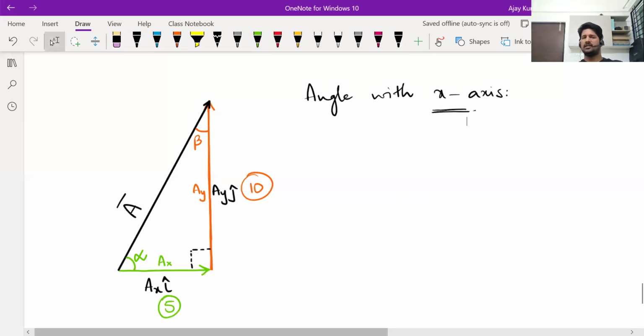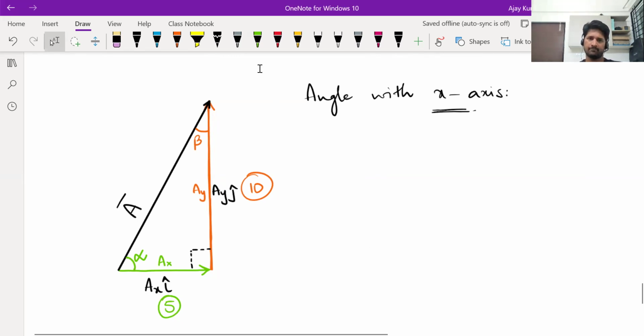You know the sides of the triangle. I'm asking you for one of the angles. It's a right angle triangle. You know its sides. You need one of the angles. How will you calculate?